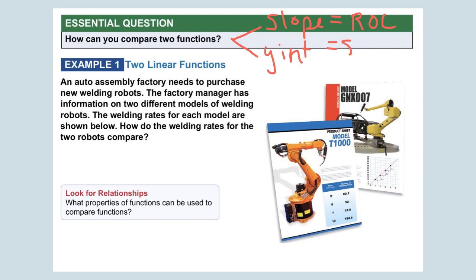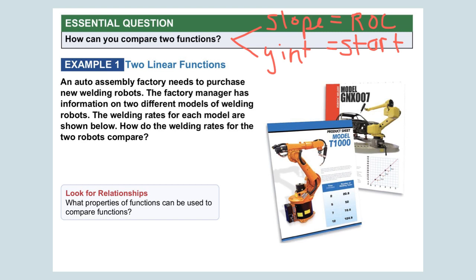That is our starting point. And so this lesson is all about which one grows faster, which one started at the higher rate, those kinds of questions. So here we are on page number 178, and we are going to compare two linear functions.